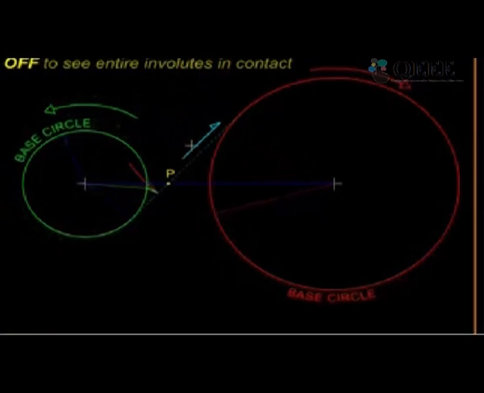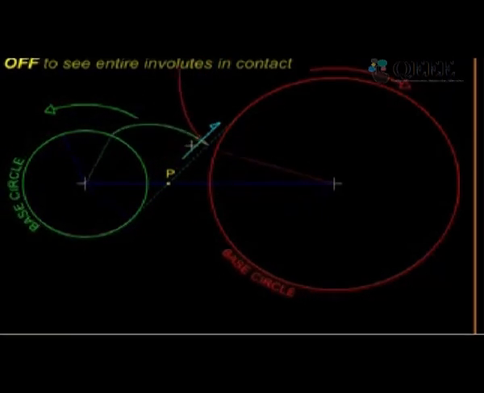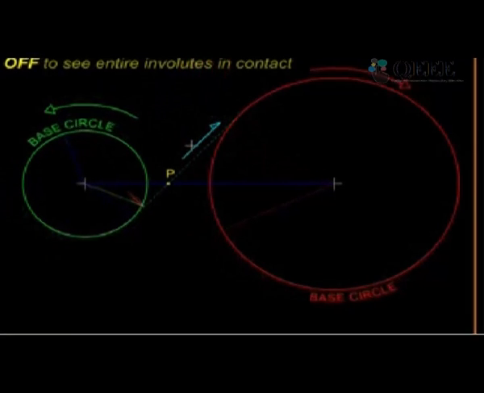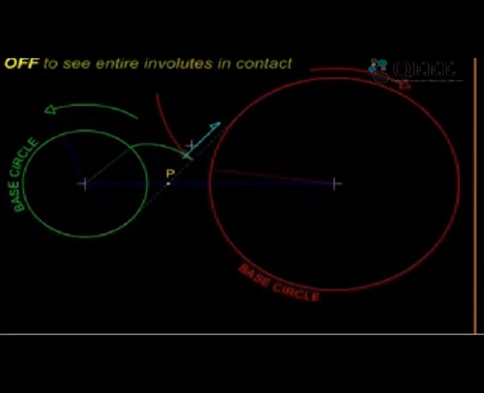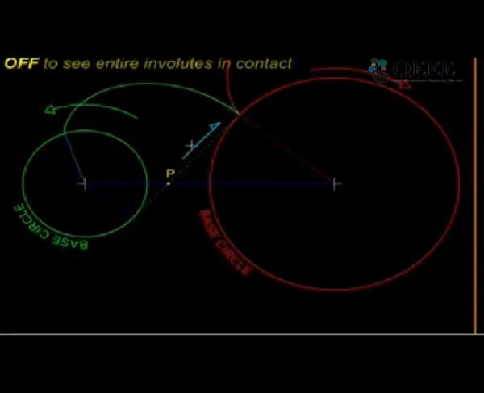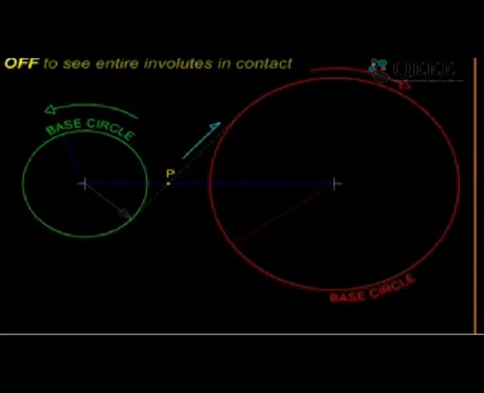The best of both worlds, and now we can call this a gear. And because we are using involute profile, this gearing is called involute gearing. We must bear in mind that these two profiles work together as a team to give us a positive drive with constant velocity ratio.